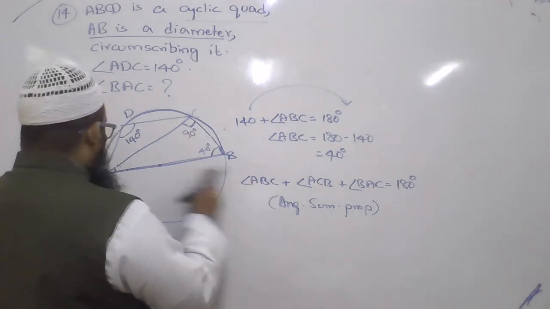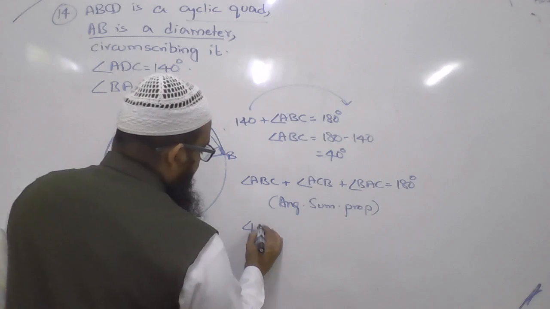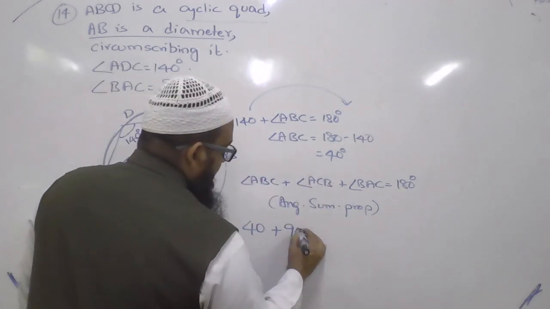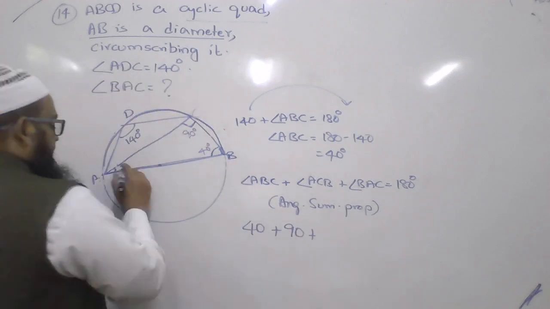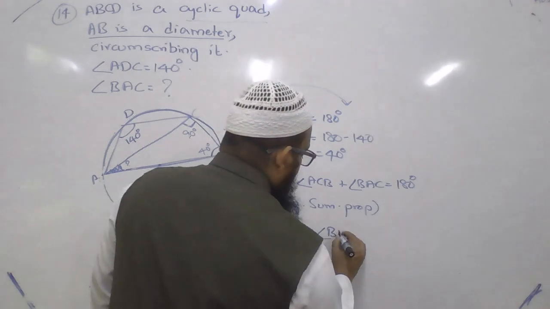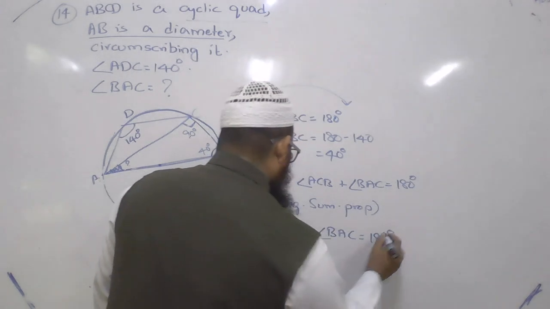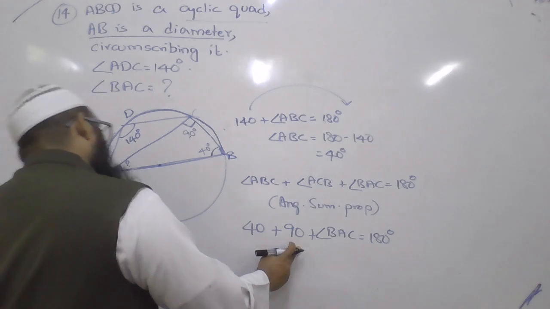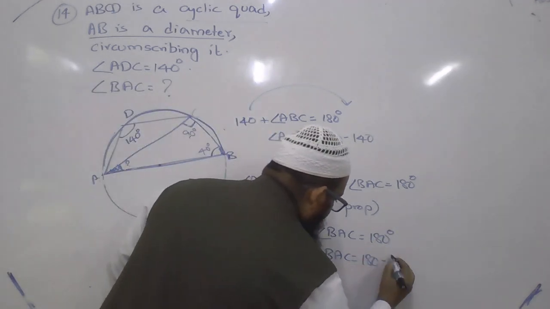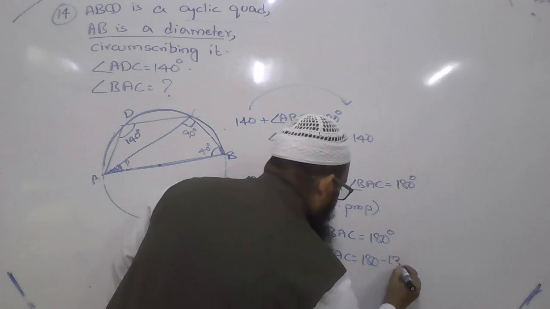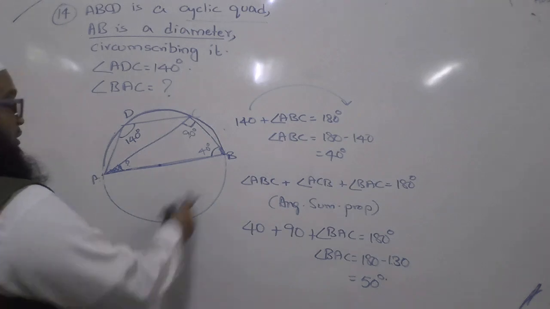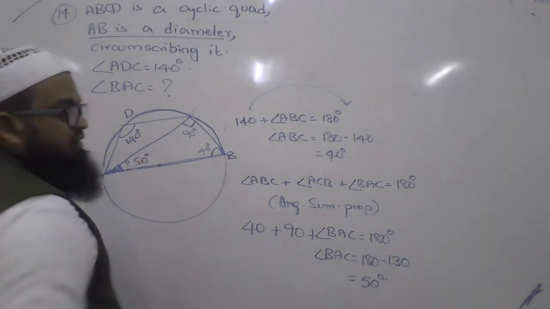So angle ABC is 40 degrees, plus angle ACB, which is 90 degrees, plus angle BAC. So angle BAC is equal to 180 minus 130 degrees, when you transpose. So it is 50 degrees. Angle BAC is 50 degrees. Understood?